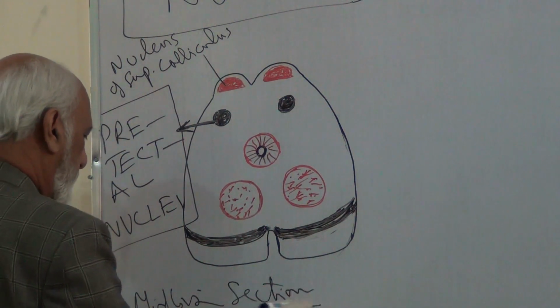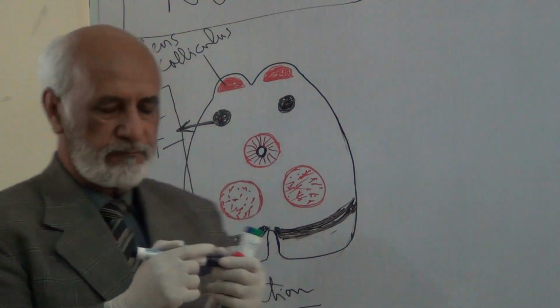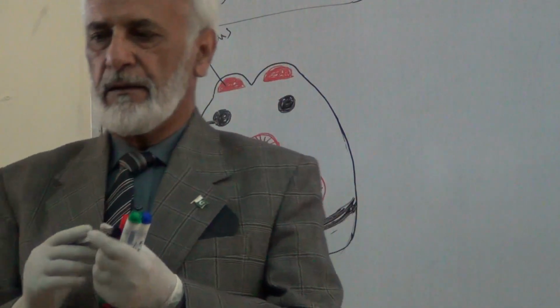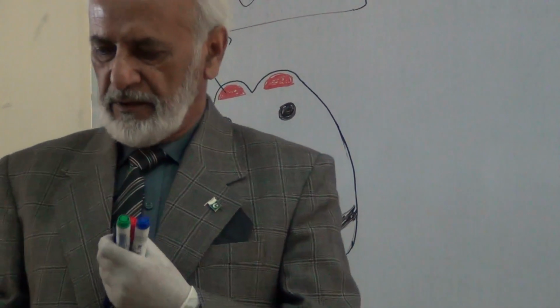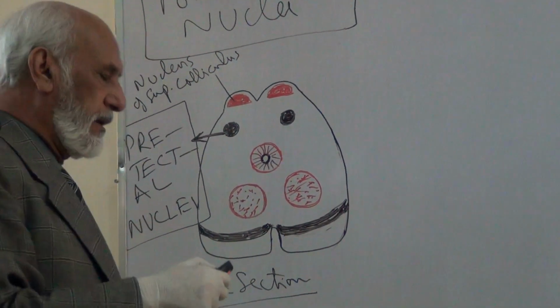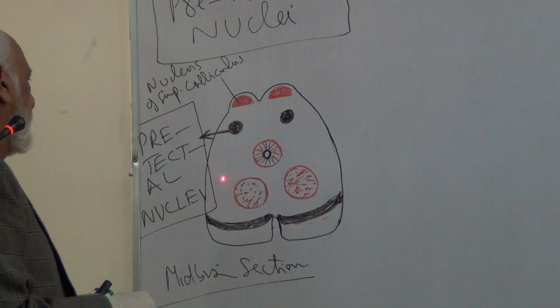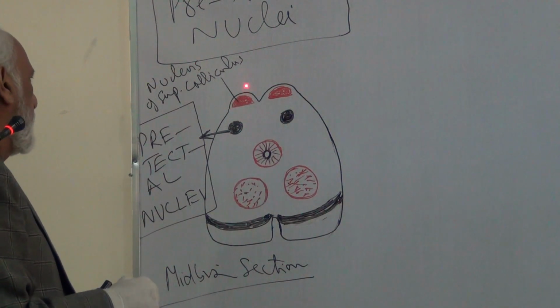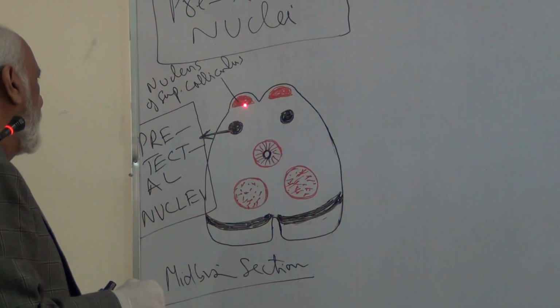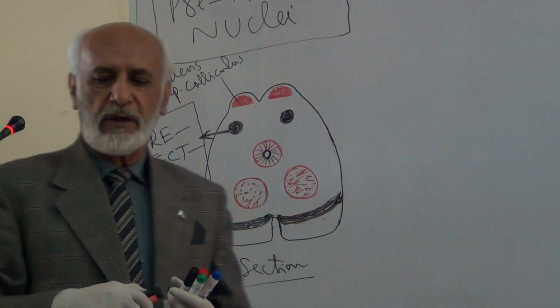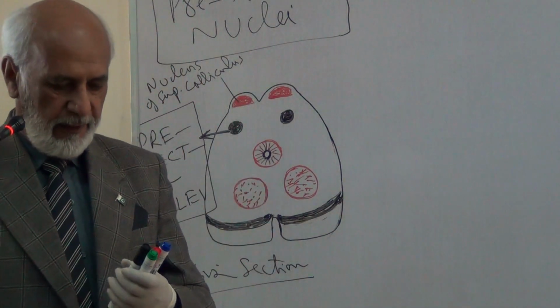Diagram shows midbrain section. So the pretectal nuclei are located in the upper part of the midbrain at the level of the superior colliculi, and the nuclei are located anterolateral to the nuclei of the superior colliculi.